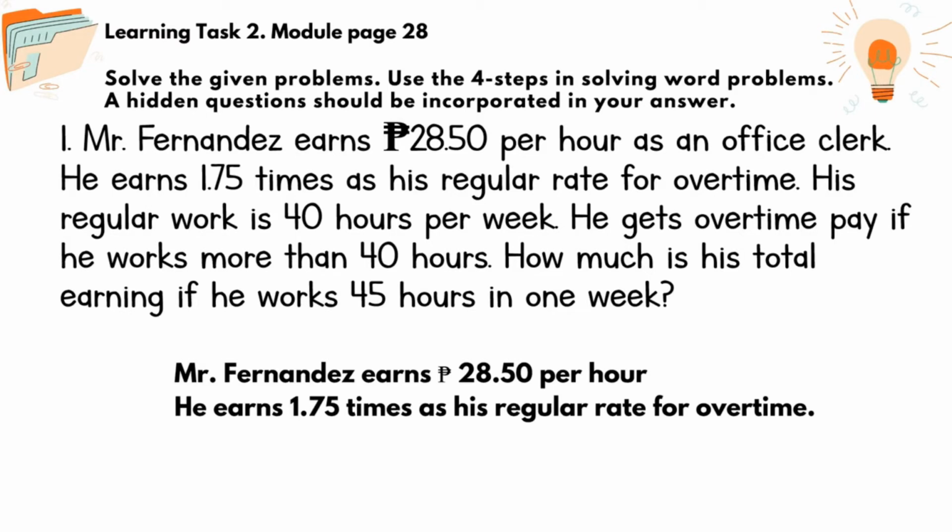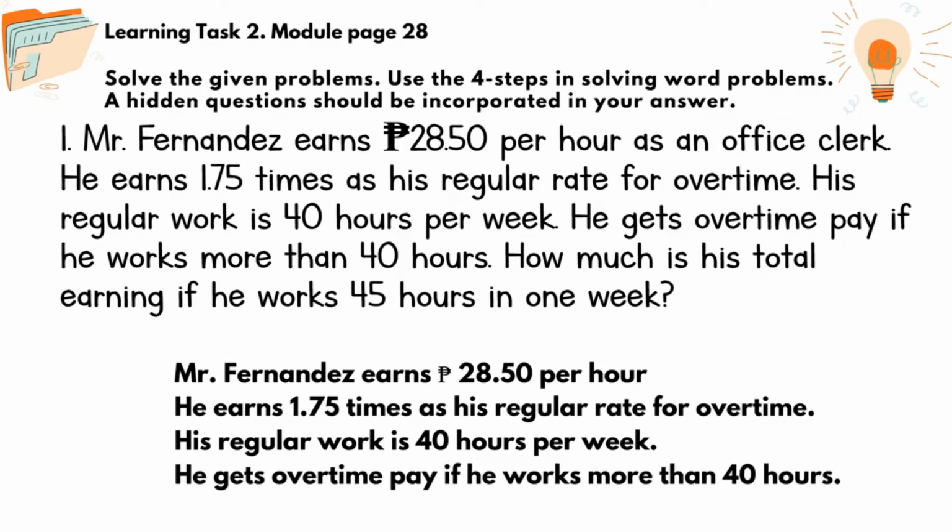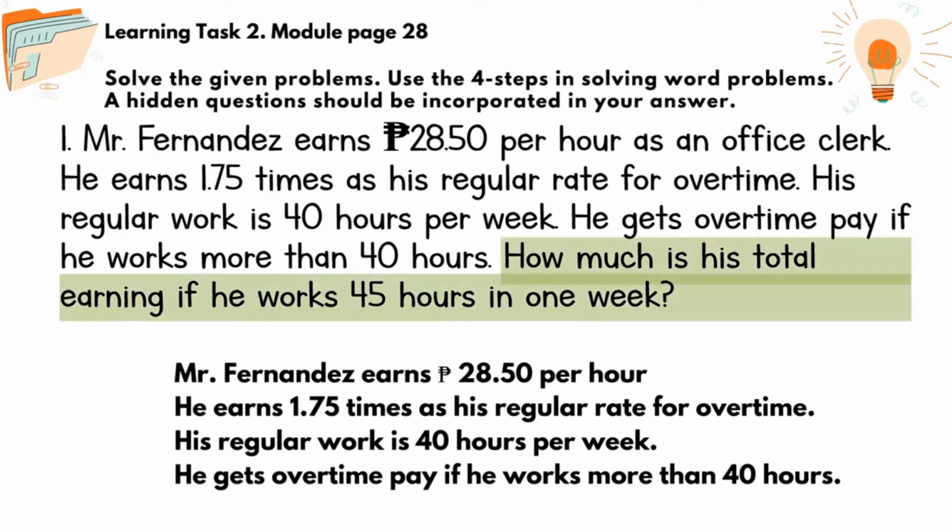He earns 1.75 times his regular rate for overtime. His regular work is 40 hours per week, and he gets overtime pay if he works more than 40 hours. Step number 2 is to know how much is his total earning if he works 45 hours in 1 week, or to know what is being asked.